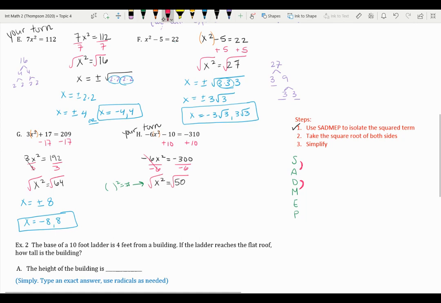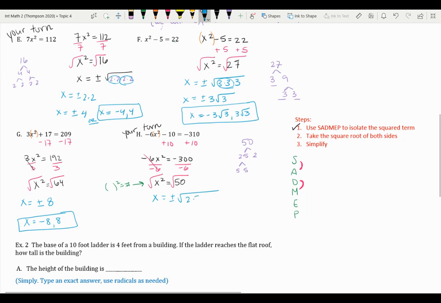So take the square root. Square root of x squared is x. Oh, 50 is not a perfect square. All right, do my factor tree. And for 50, you could break it down to 2 and 25 or 5 and 10, and then keep going.